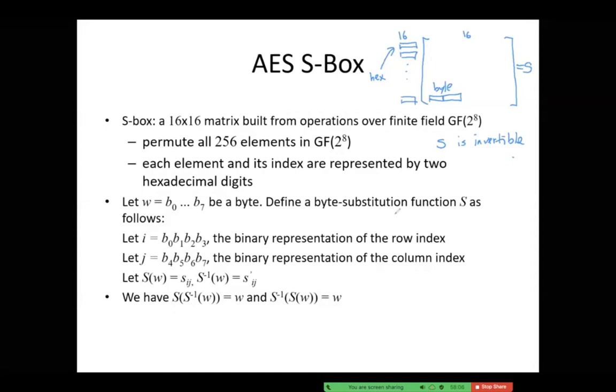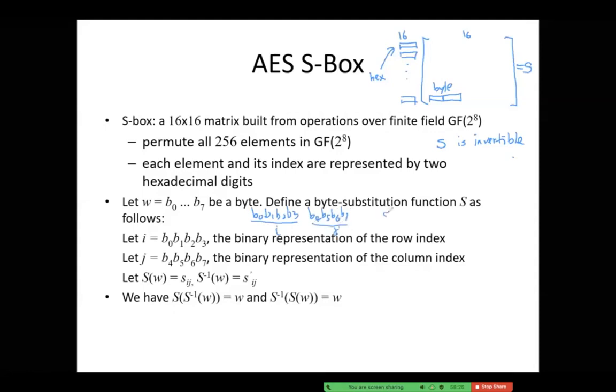We take the first 4 bits, which will be my row number, and the last 4 bits will be my column number.